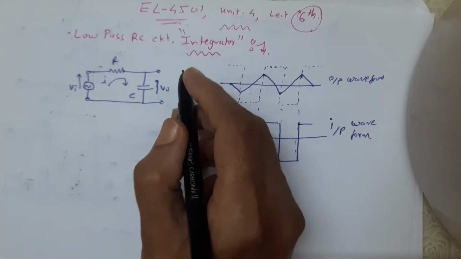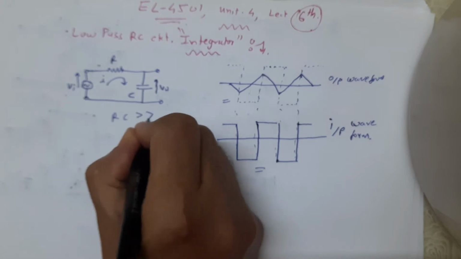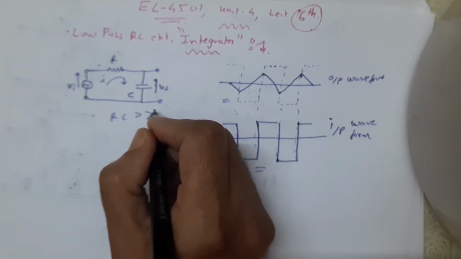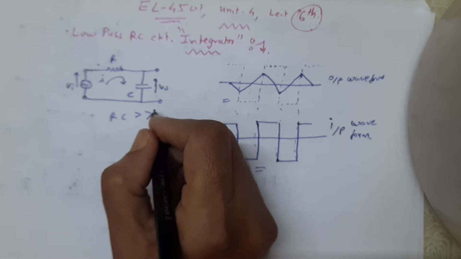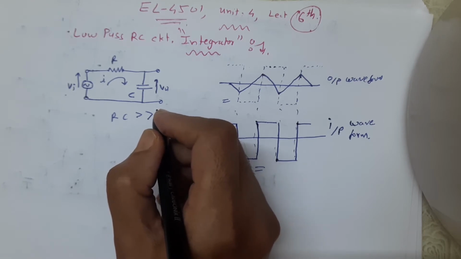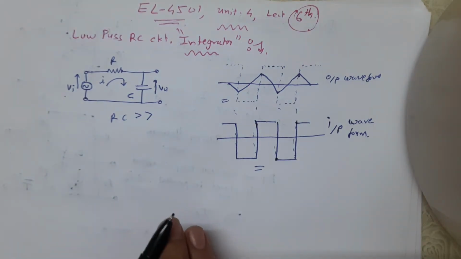But the condition is RC is very much greater than the interval of the signal. Time constant RC is very much greater compared to the interval of the input signal. This is the condition, right?